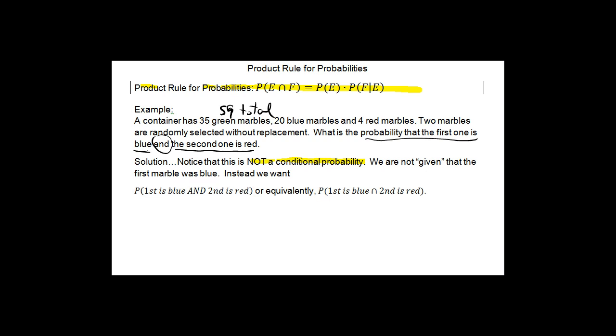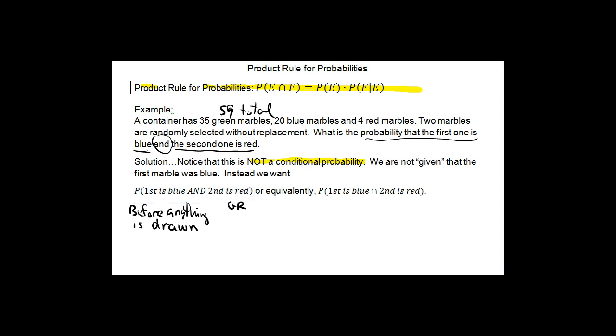So let's actually just make a little chart. Before anything is drawn, what does this thing look like? Well, let's break it down. They're talking about red, green, and blue marbles. Let's break it down completely by color.